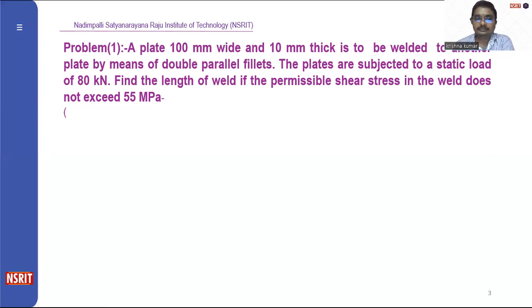We have to find the length of the weld, where the permissible shear stress in the weld does not exceed 55 megapascals. So this is the condition given. How are we going to solve it?